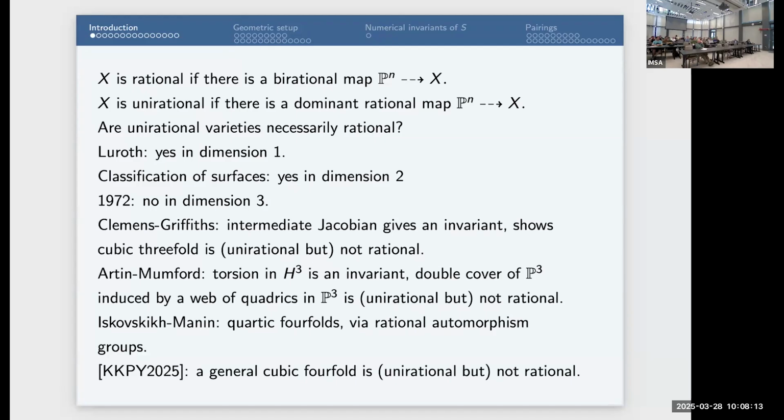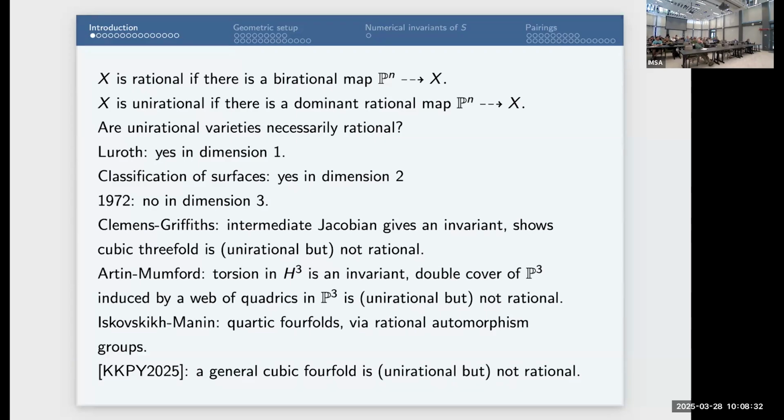A lot of other work has gone by, and a lot of other examples are known. But as we heard already on Tuesday, the Kontsevich–Pantev–Katzarkov–Yu program shows that the general cubic fourfold is not rational.